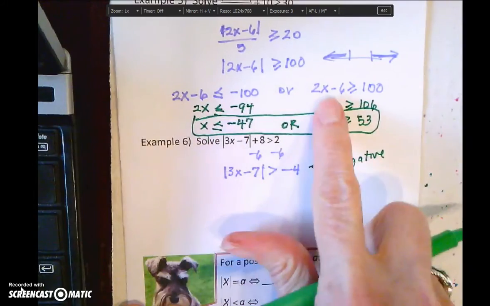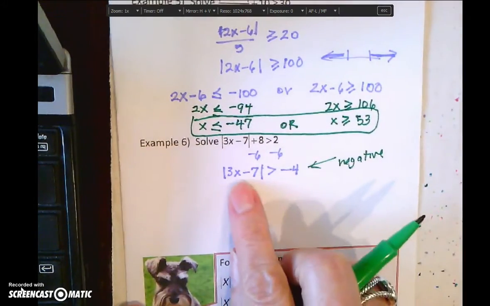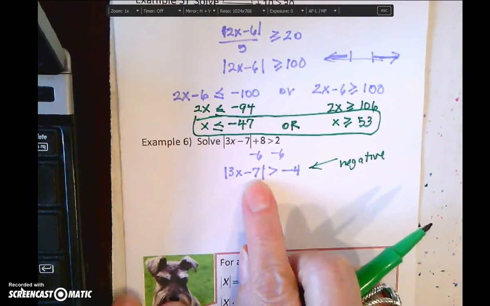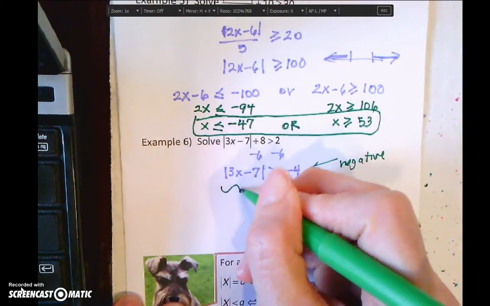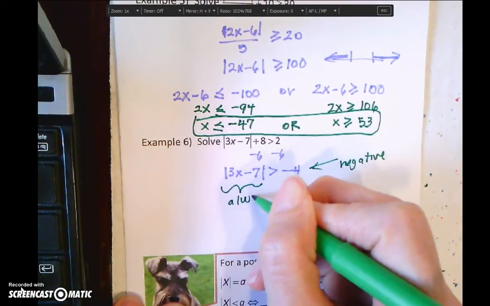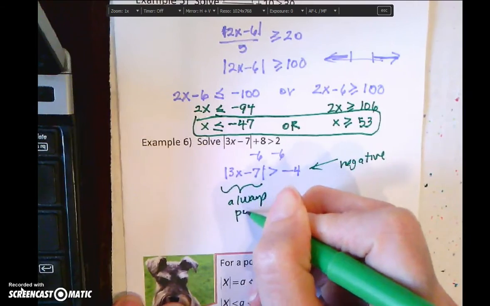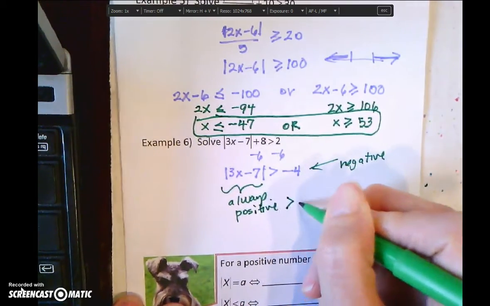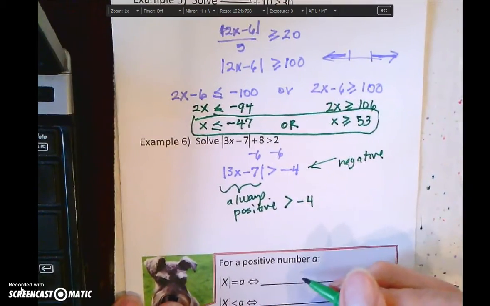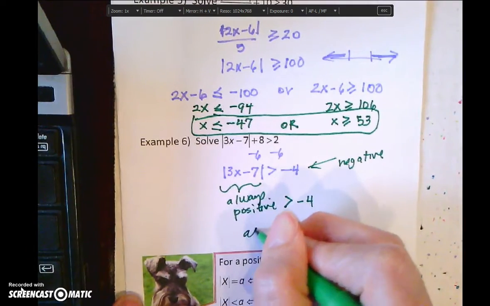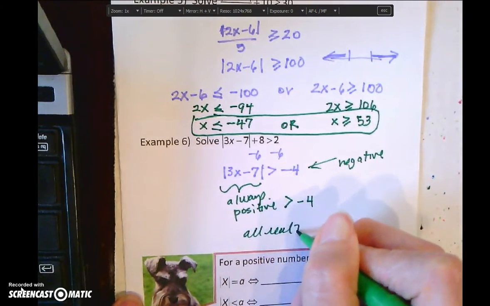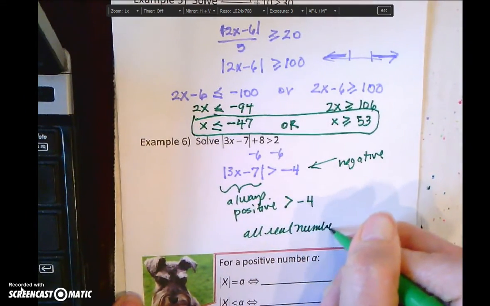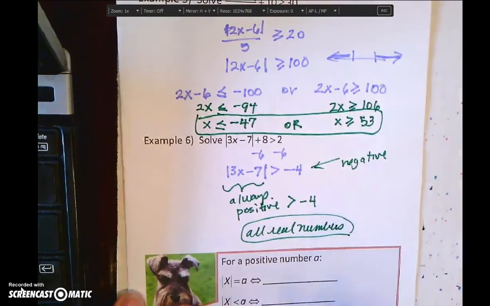It will not split apart like this. So we need to think about it. Absolute values are always positive, so it's always positive. And ask ourselves, when is a positive number greater than a negative number? And the answer is always. So this is going to have an answer of all real numbers. It will always be true.